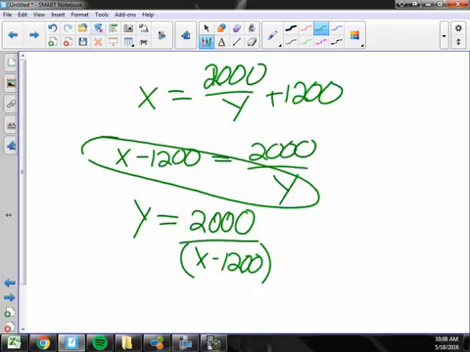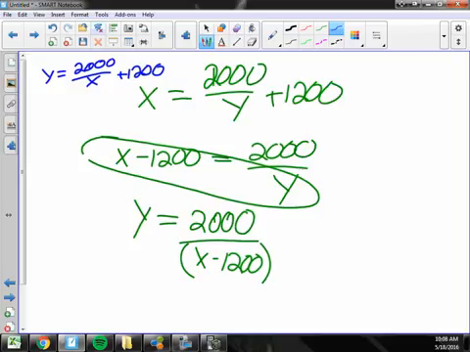Letter B, the range of the inverse. Well, it's the domain of the original. Does the domain, so if we go back to y equals 2,000 over x plus 1,200, does the domain have any restrictions?